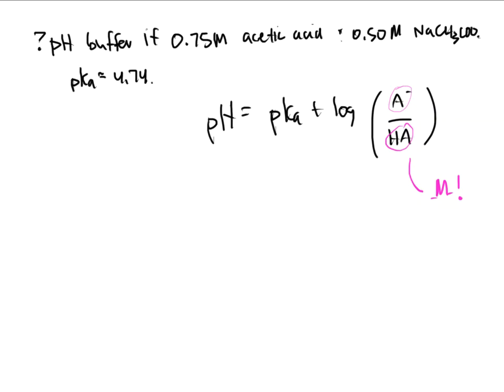It has to be calculated in molarity strength. All right, so what I'm going to do to solve this problem, the pH of this buffer that I made, maybe for the IC instrument, is going to be the pKa of acetic acid, and that comes from a table, or it's given, 4.74, plus the log of the concentration of the base in molarity, and that is given to me, 0.50, divided by the concentration of the acid in molarity, and that's 0.75.